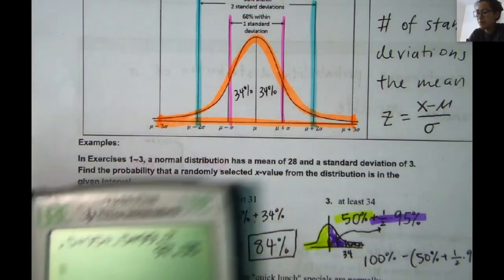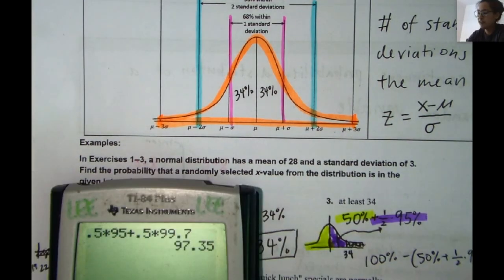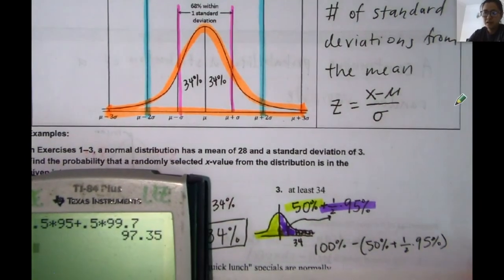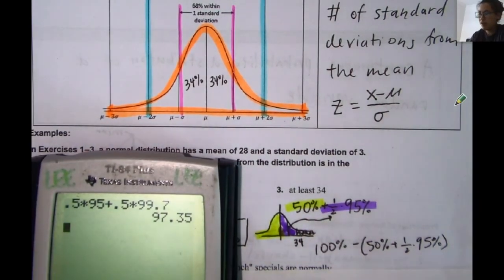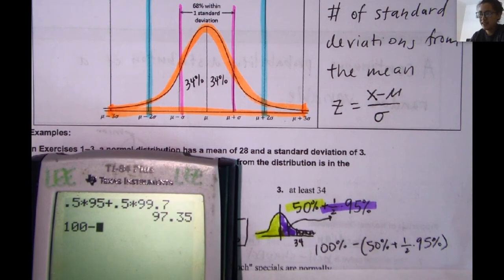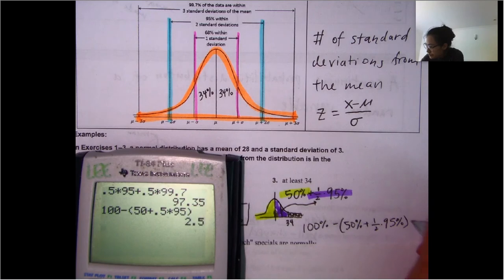And of course, we can just do this on our calculator. So you have 100 minus, in parentheses, 50 plus 1/2, which is 0.5, times 95, which is 2.5%.